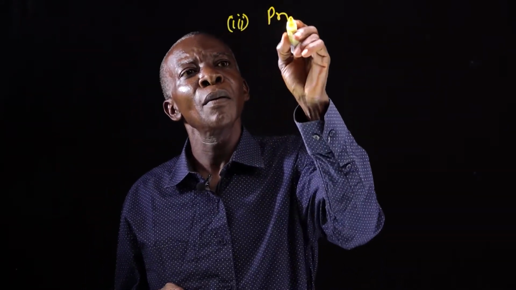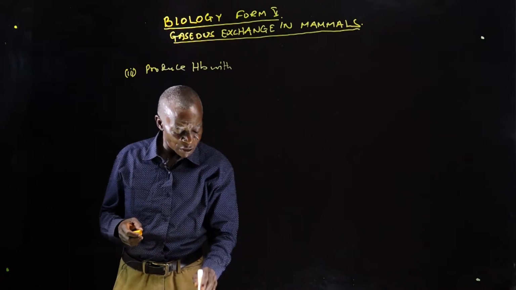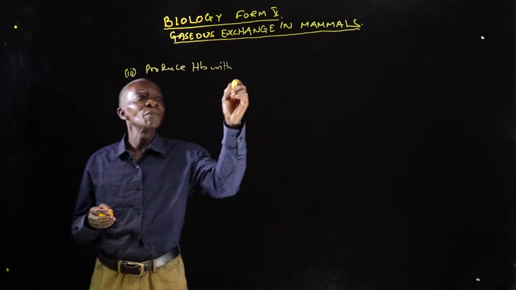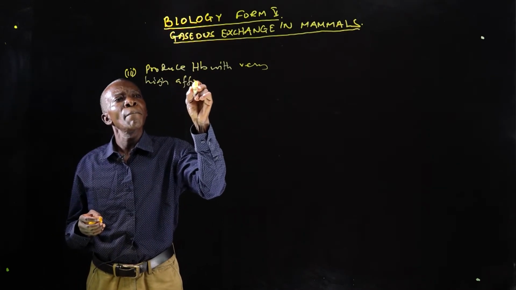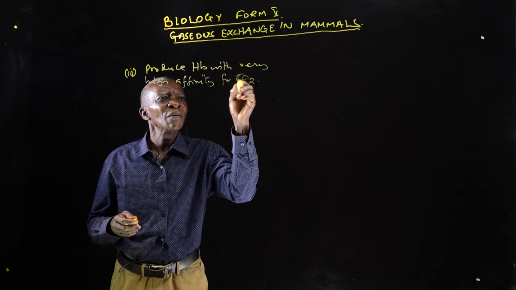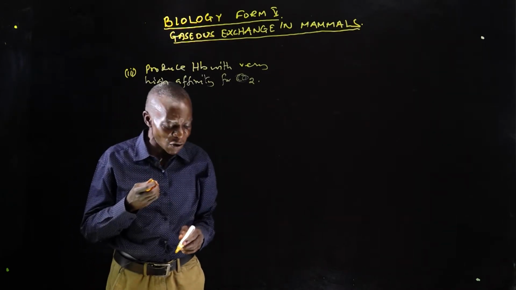Yes, apart from producing more red blood cells with a large number of hemoglobin, the third one, they produce hemoglobin with very high affinity for oxygen.